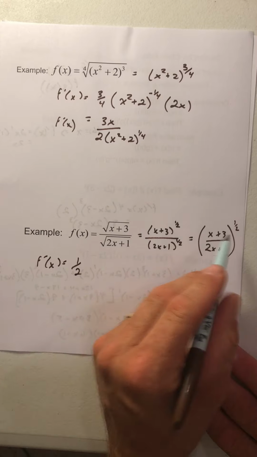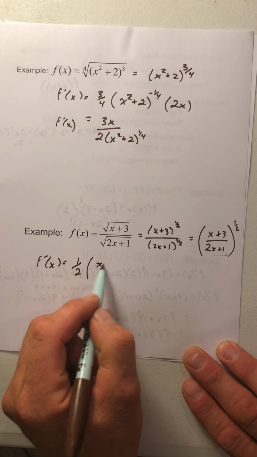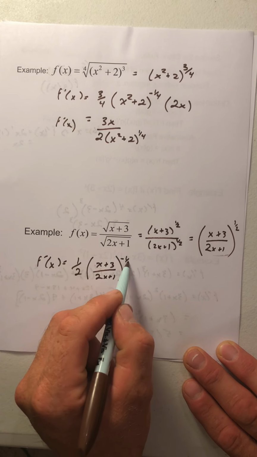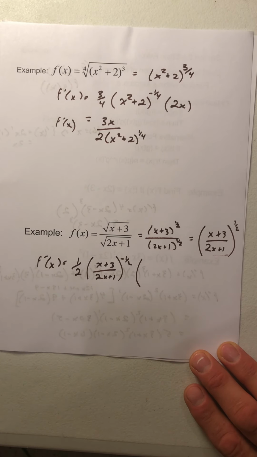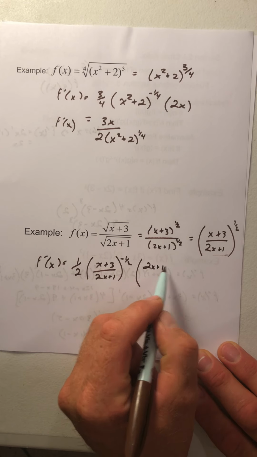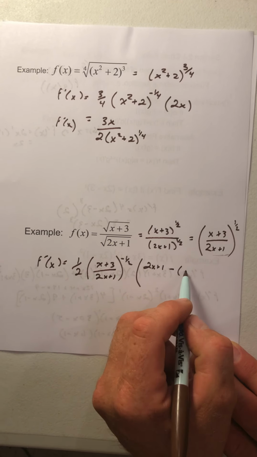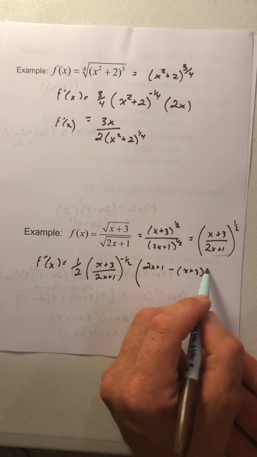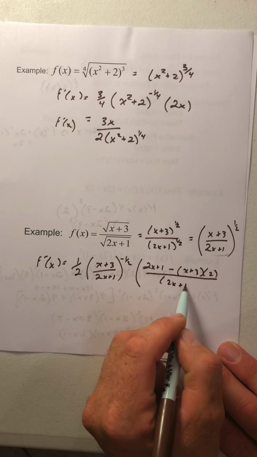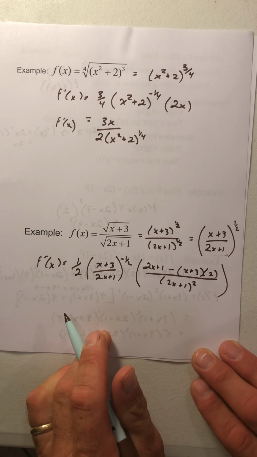So the derivative there, we're going to bring the 1/2 to the front. Again, that quantity is going to stay the same, decreasing the exponent by 1. And then the derivative of the inside. For the derivative of the inside, we have the quotient rule: (2x + 1) times 1 minus (x + 3) times 2, divided by (2x + 1)^2.